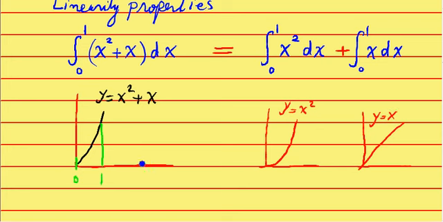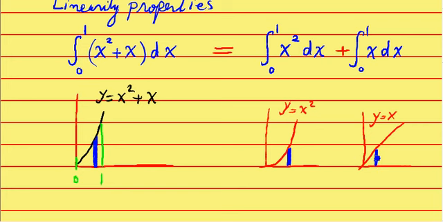Any rectangle that you like to look at on any of those subintervals that you want to look at here is really made out of a sum of two rectangles at exactly the same spot for these two curves.